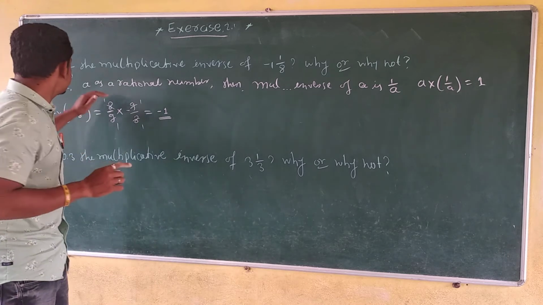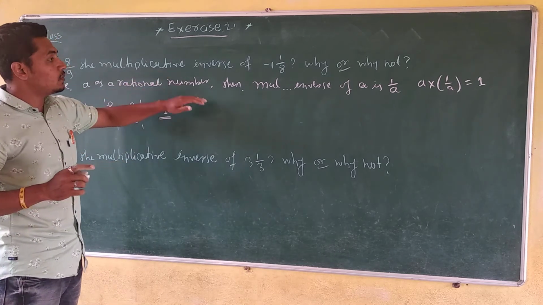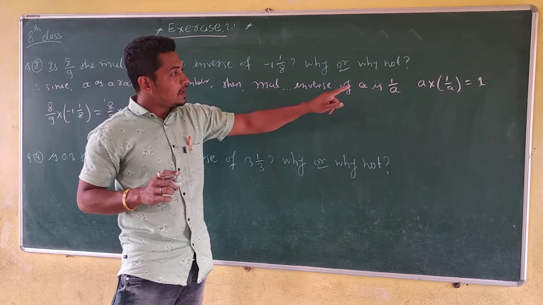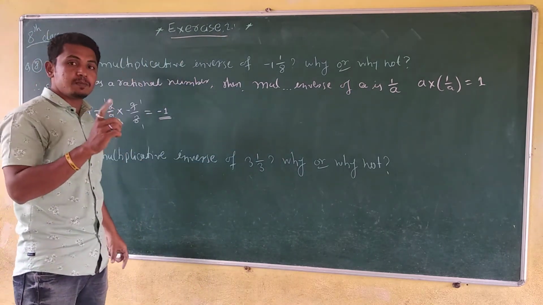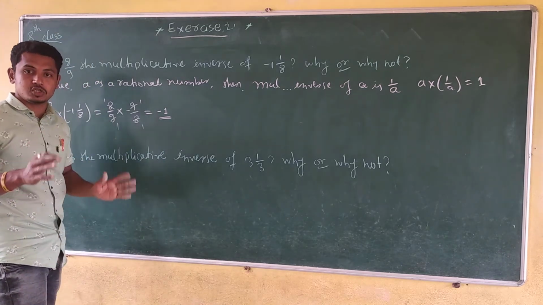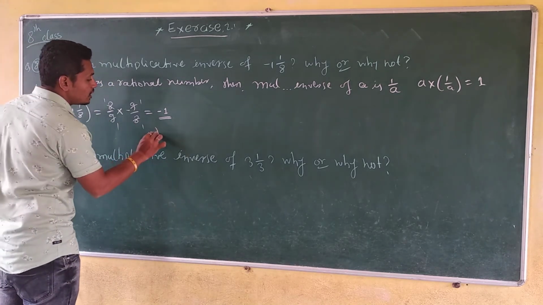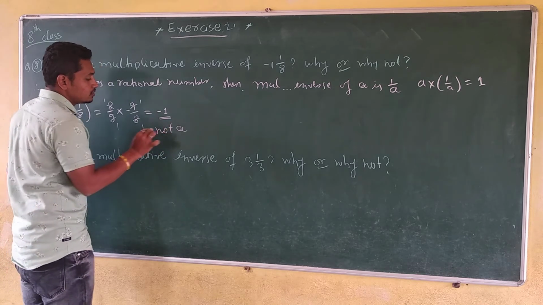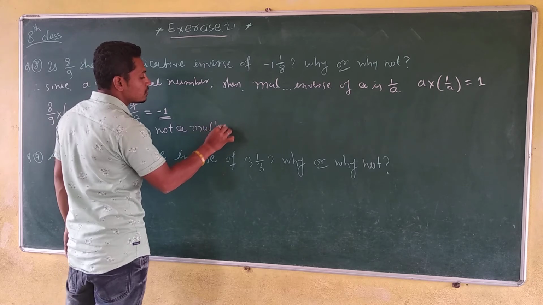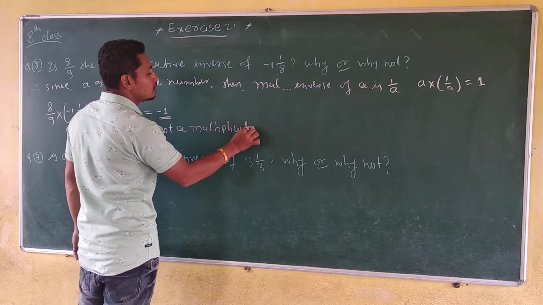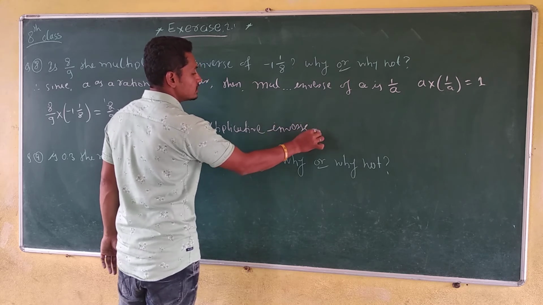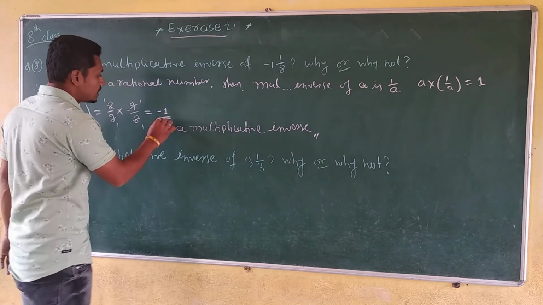The condition of a multiplicative inverse is that a into 1 divided by a must be positive. Hence it is not a multiplicative inverse, because the product must be positive.